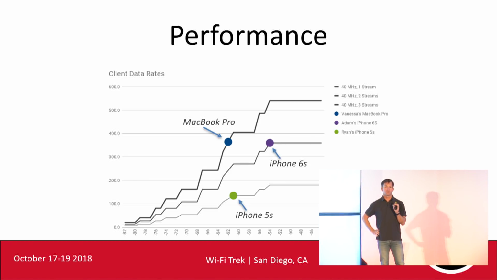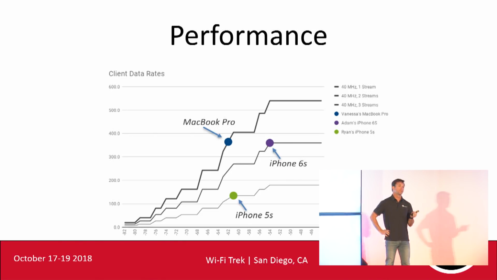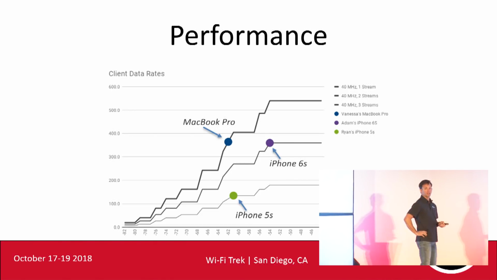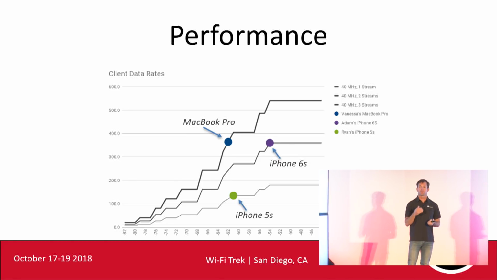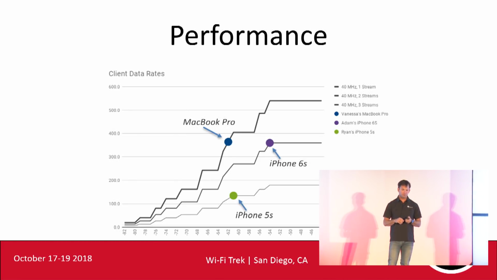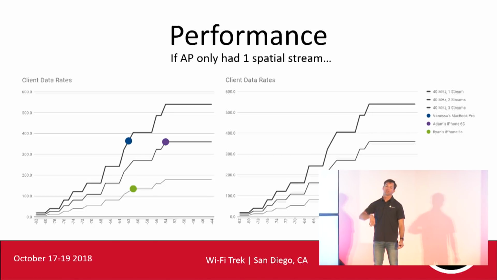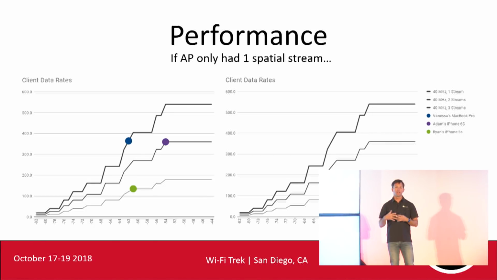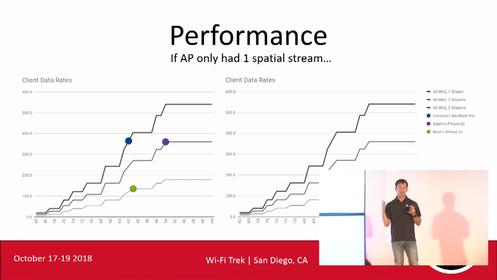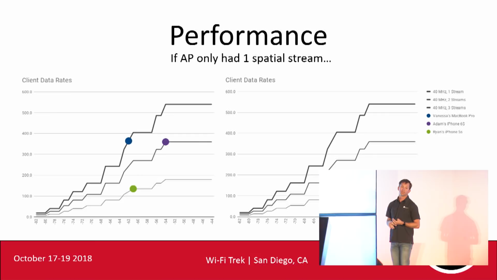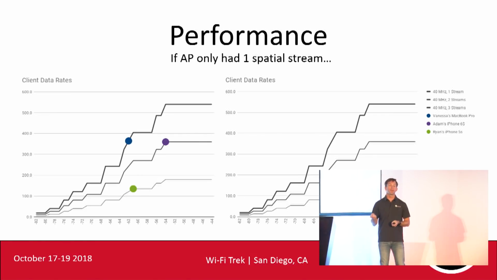Another interesting thing is that Adam's iPhone, even though it only has 2 spatial streams, is getting the same data rate as Vanessa's laptop with 3 spatial streams because he's got a better signal strength. Now, what would happen if the AP only had 1 spatial stream? We collapse it all down to the 1 spatial stream line, and now Vanessa's laptop gets the same data rate as my iPhone because we have the same signal strength. Adam's phone that gets a little bit higher signal strength gets a little bit better data rate, but not great because it's only 1 spatial stream.